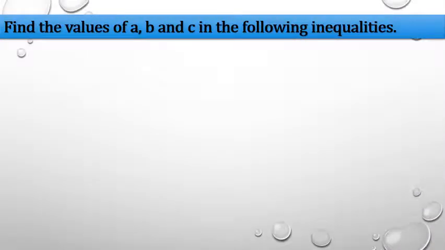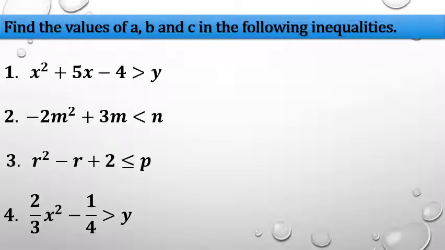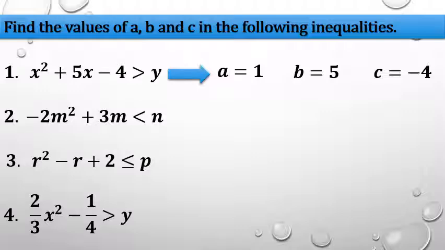Find the values of a, b, and c in the following inequalities. Number 1, x squared plus 5x minus 4 is greater than y. A equals 1, B equals 5, C equals -4. For number 2, -2m squared plus 3m less than n.